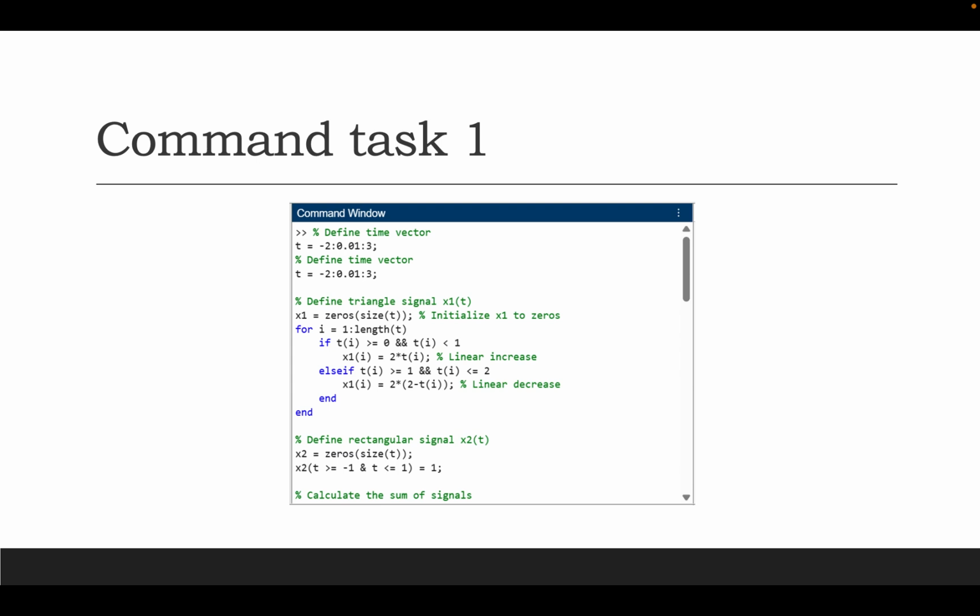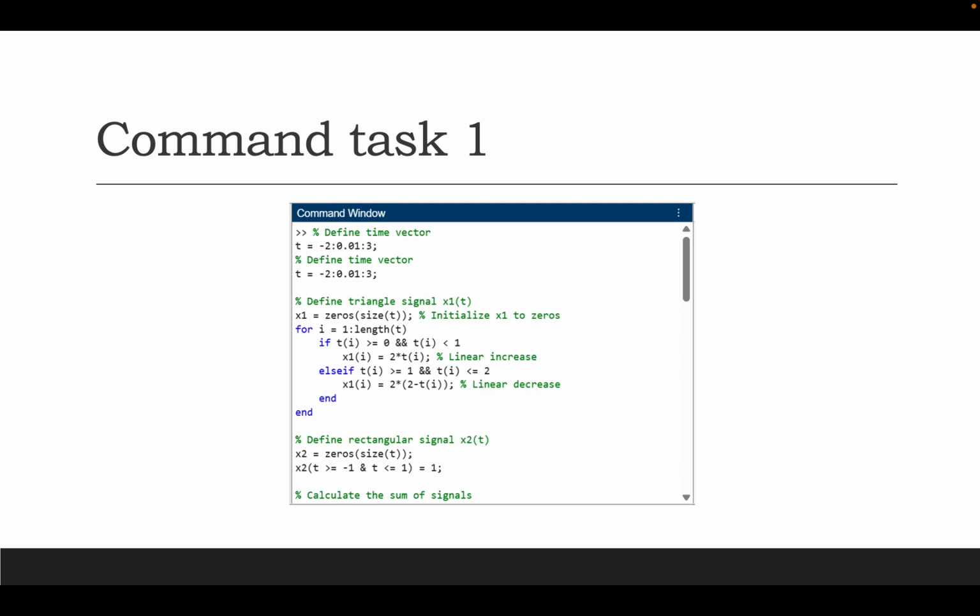Step 2, define triangle signal x1(t). Initialize x1 as a triangle waveform, linearly increasing from 0 to 1 between t equals 0 and t equals 1, and linearly decreasing from 1 to 0 between t equals 1 and t equals 2.